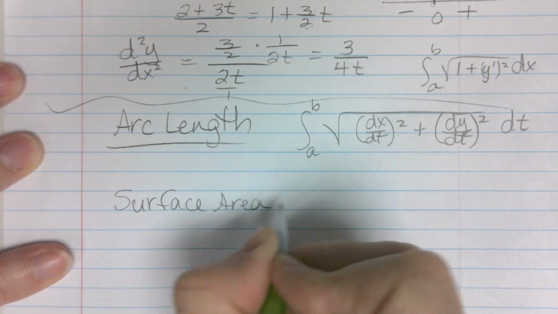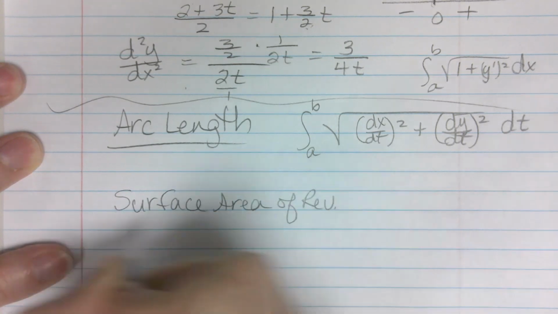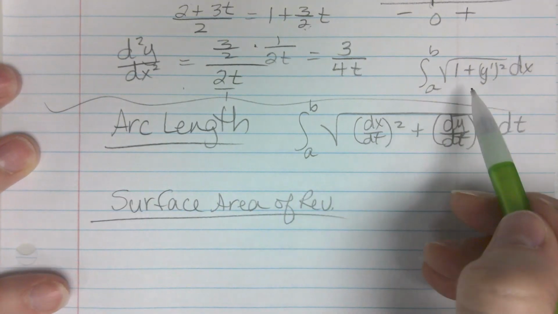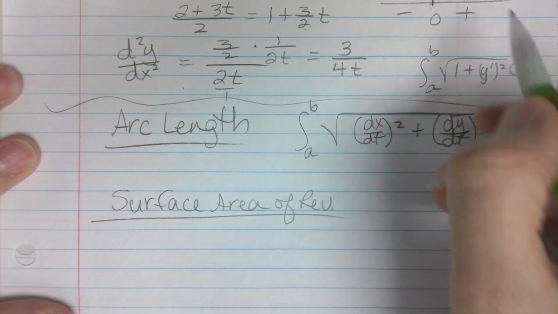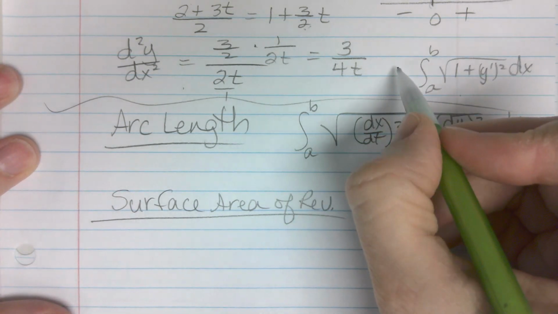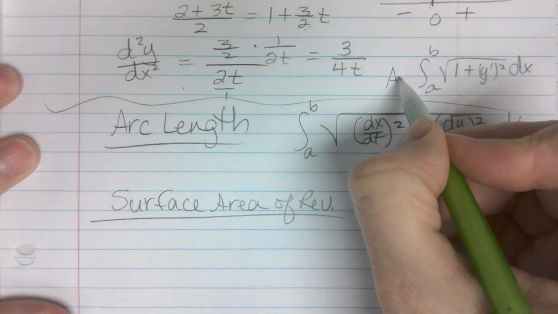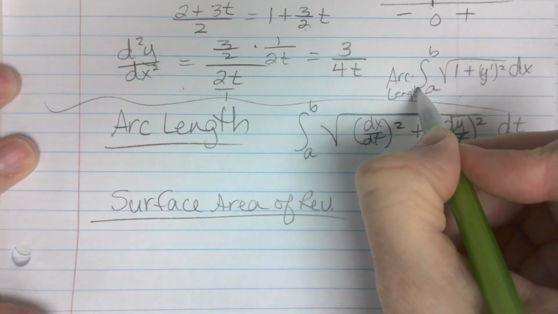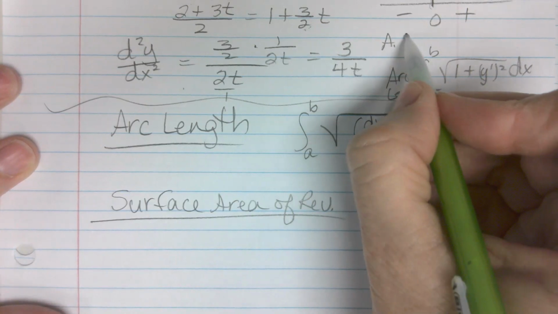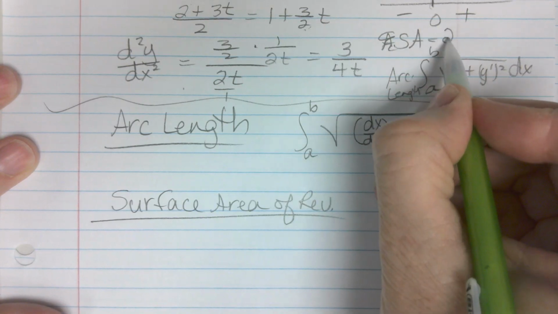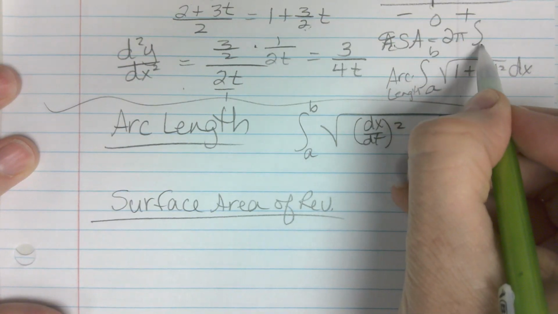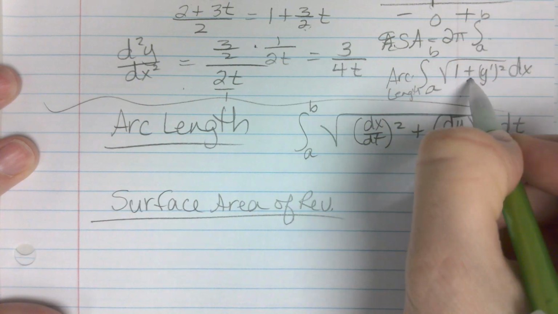So let's just go ahead and do the surface area of a revolution. What do y'all remember about the one that went along with the arc length before? Wasn't it a 2 pi? Yeah. So the area of the surface, or surface area, was 2 pi, radius, arc length.